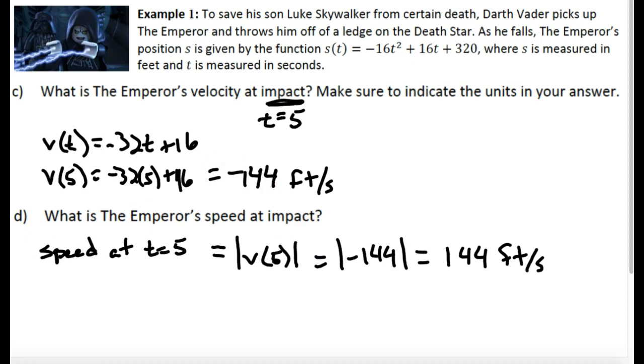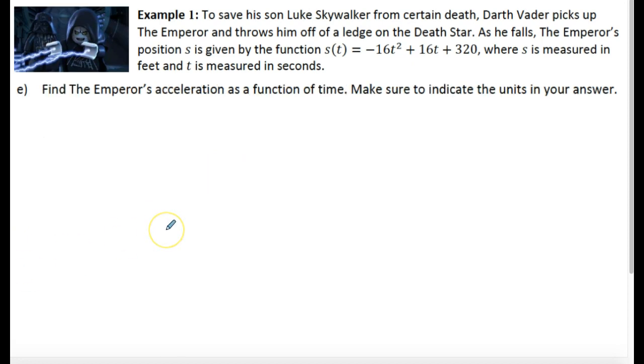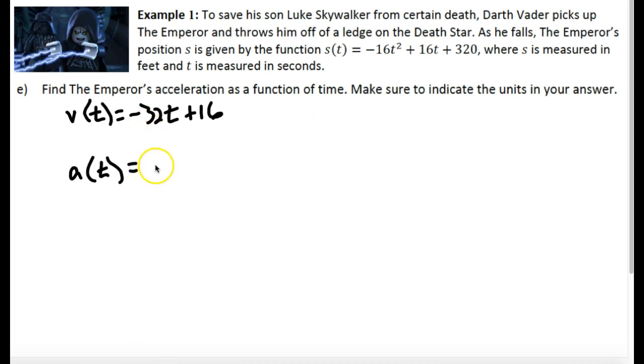All right? And the last part here on this question: find the emperor's acceleration as a function of time. So this is just saying, give me a function, right? So I need the second derivative. We already said that velocity was equal to negative 32t plus 16. So then my acceleration, if I take the derivative of velocity, is just going to be negative 32.